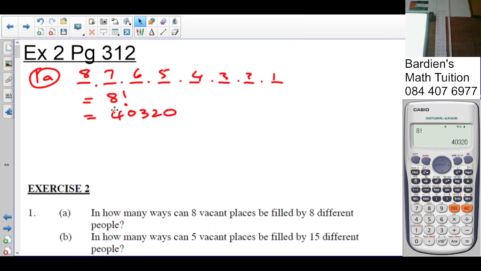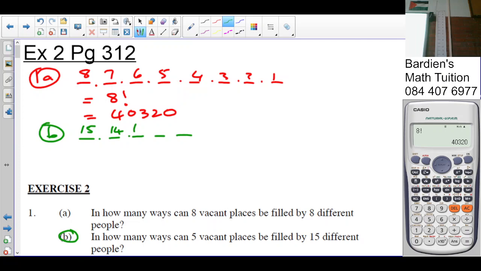Alright, let's look at B. B says, in how many ways can 5 vacant places be filled by 15 different people? So again, this is that case where you can say it's 1, 2, 3, 4, 5. How many options do I have here? 15, then 14, 13, 12, 11.